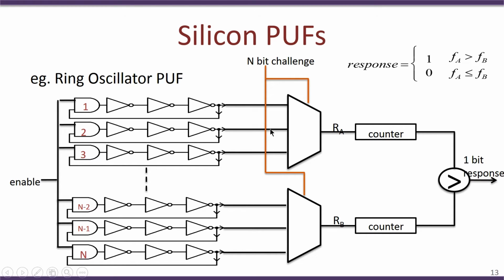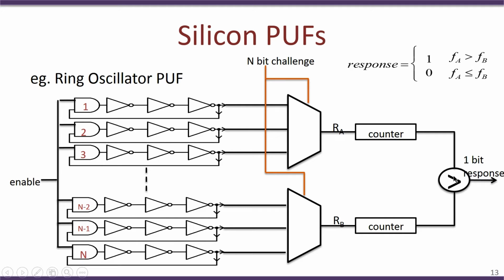Since the 2 ring oscillators operate at different frequencies due to their intrinsic properties, after a period of time, say 1 or 2 seconds, the 2 counters would obtain different count values.